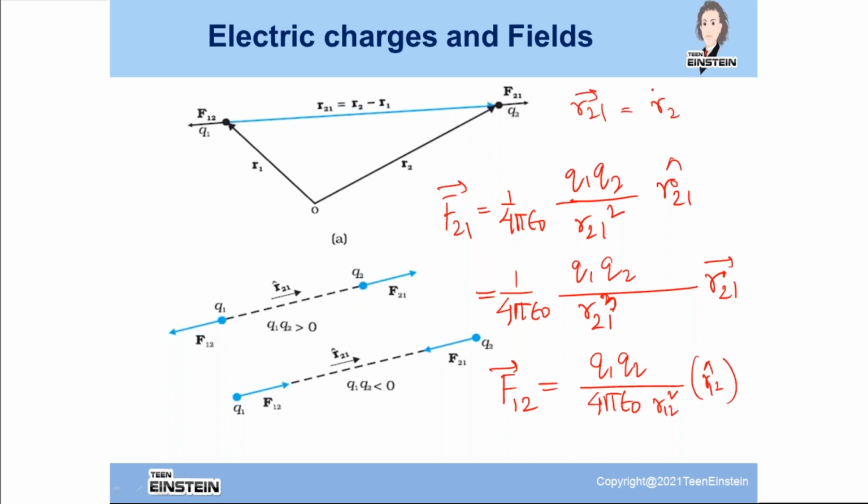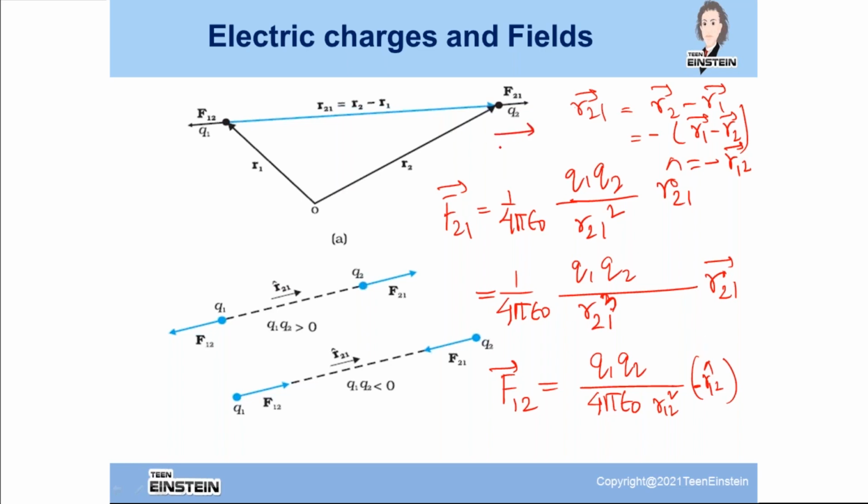But R12 and R21, which direction is it? R21 I have defined as R2 vector minus R1 vector. So what will R12 be? If I take a minus, then R1 minus R2 vector. So if you write in terms of 1, 2, then you have to give a minus R12 here.